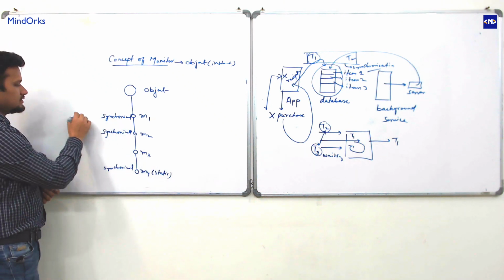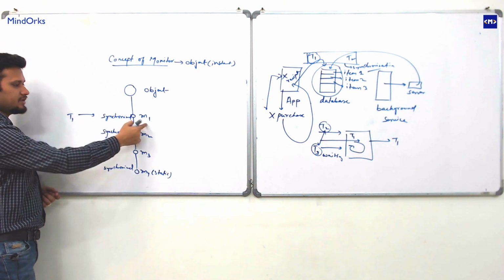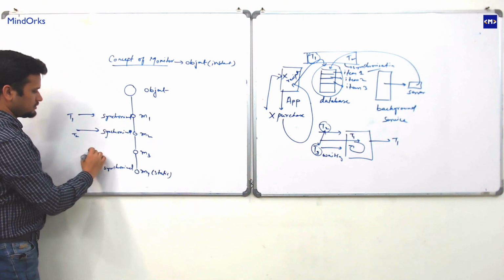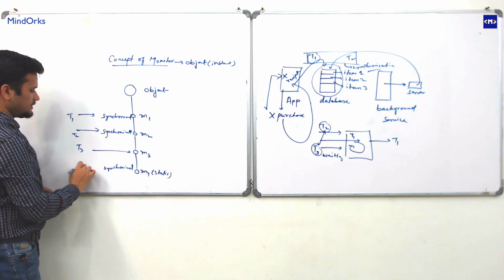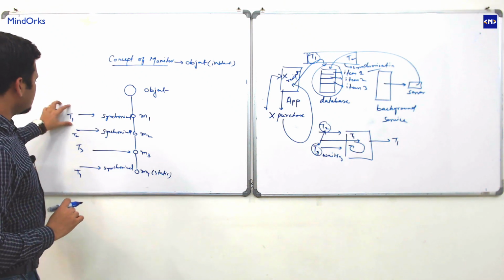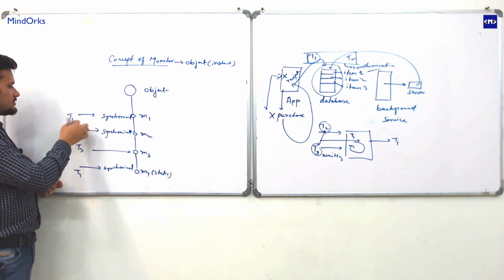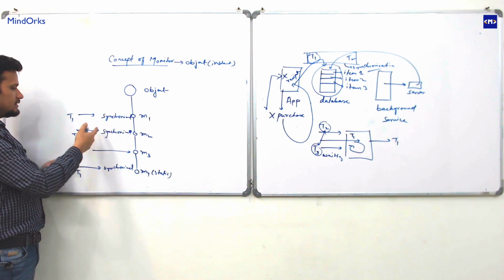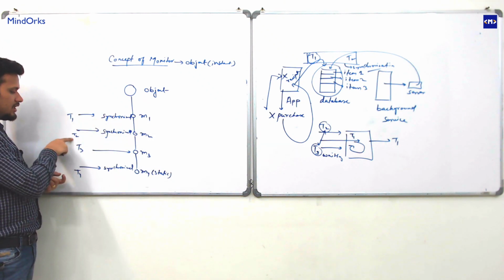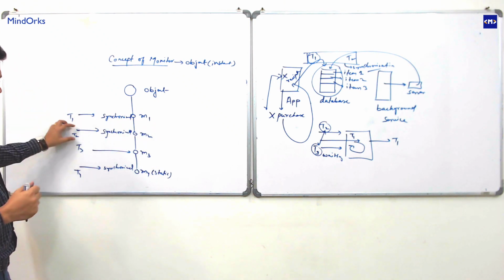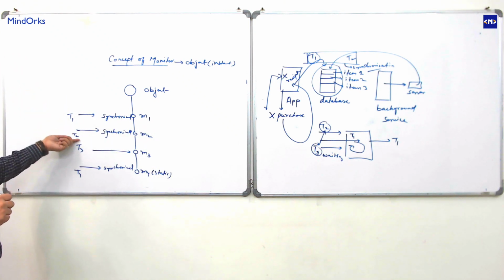Suppose method 1 is synchronized, method 2 is synchronized, and the static method is synchronized. Thread 1 calls method 1, thread 2 calls method 2, thread 3 calls method 3 and thread 4 calls method 4. Now if thread 1 calls the synchronized method, and after some time thread 2 calls the synchronized method while T1 is inside, will T2 be able to execute?